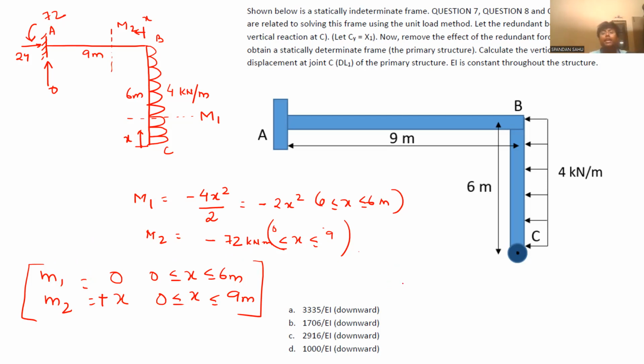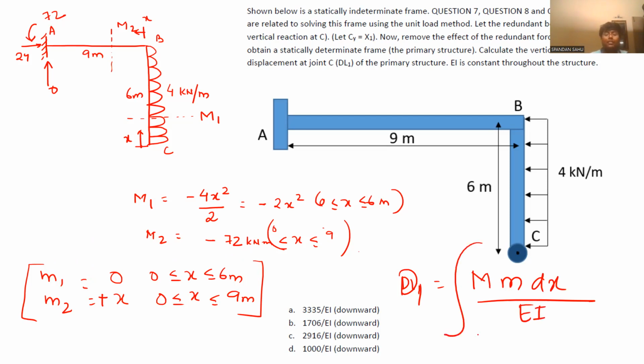Now you have to calculate delta L1, which is the integral of M into small m dx upon EI. Minus 2x is 0 for the first part, and minus 72x from 0 to 9 for the second part.